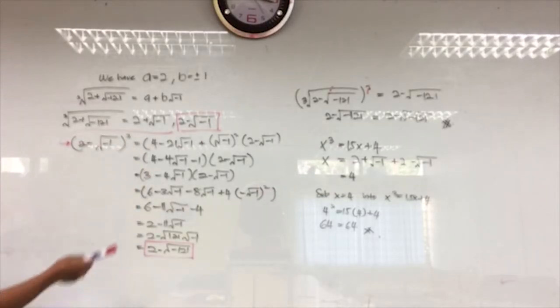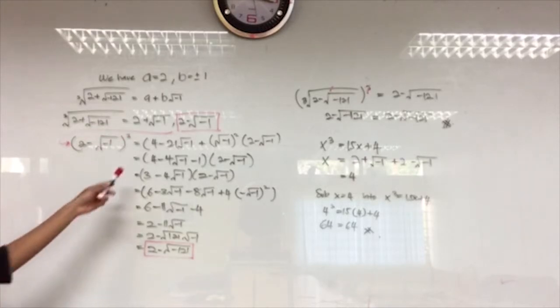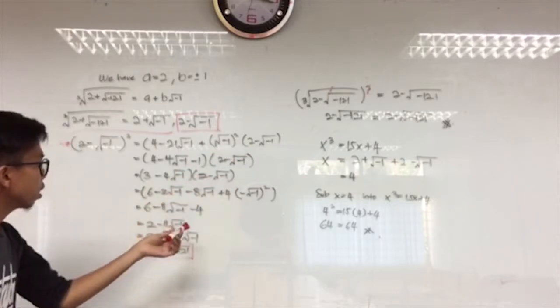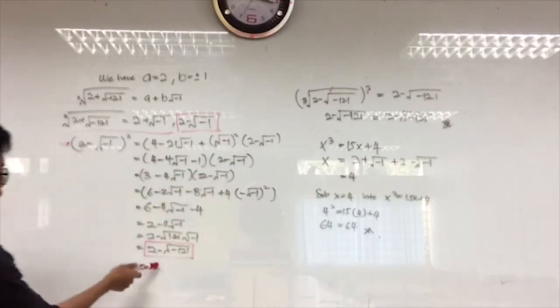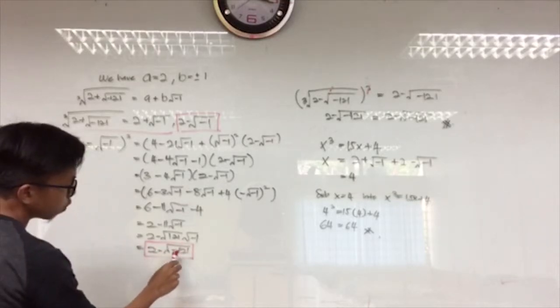When I multiply it by the power of 3, we expand the equation and we get the value 2 minus square root of -1.